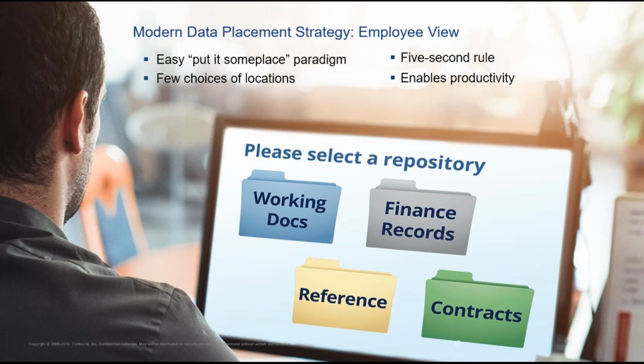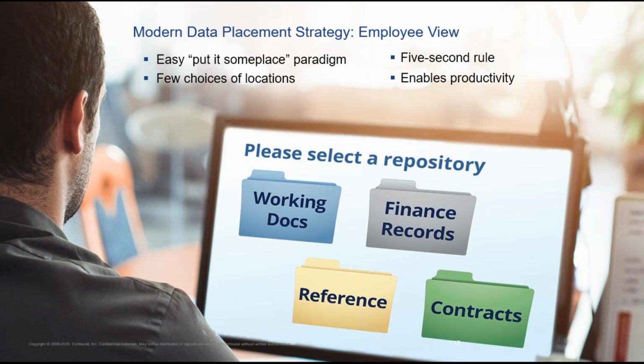Again, that 5-second rule, I'm going to hit that over and over again. You cannot force someone to make 6 choices every time they save a document. They might make 1 or 2 choices if those choices are tailored to them. You don't want people to have to pick from a list of 200 different record codes every time they store something.